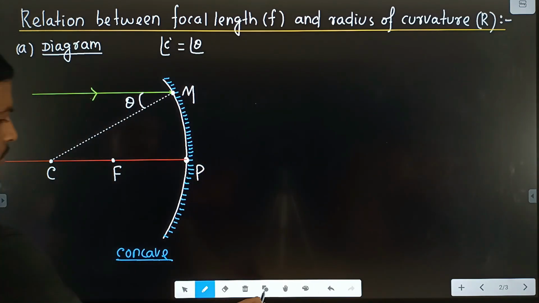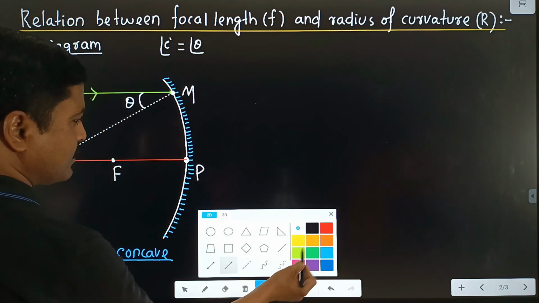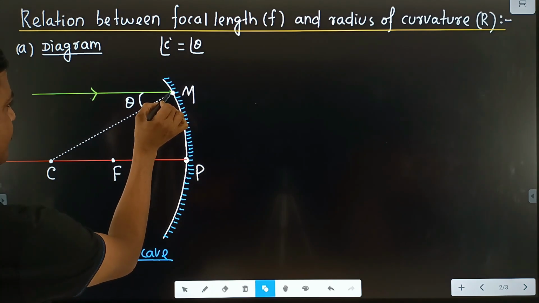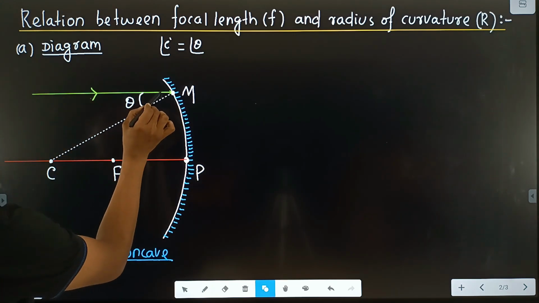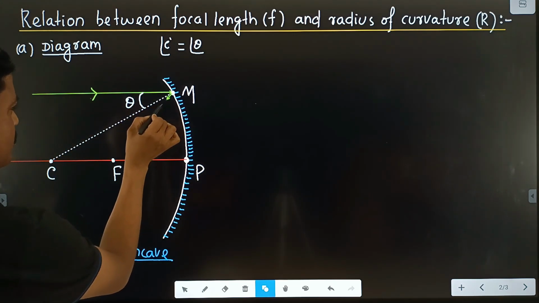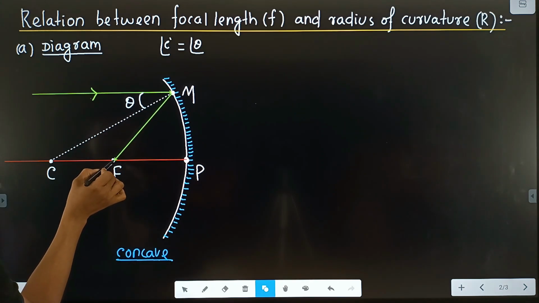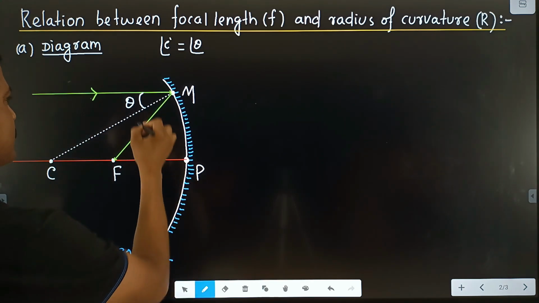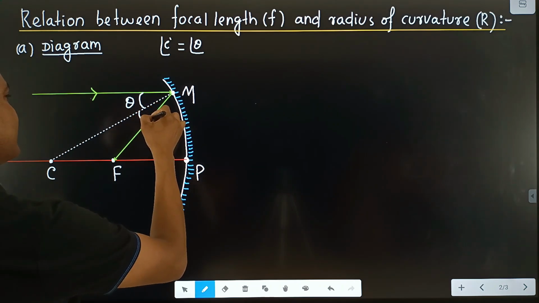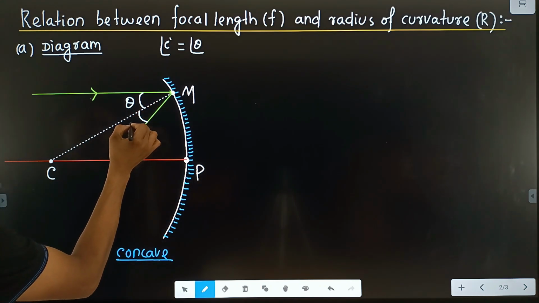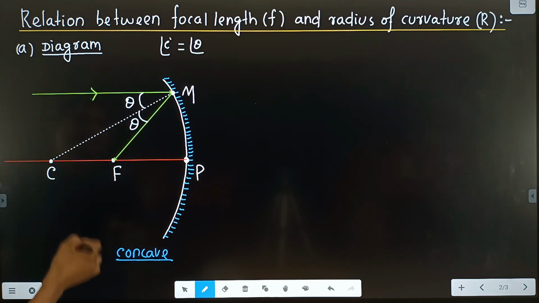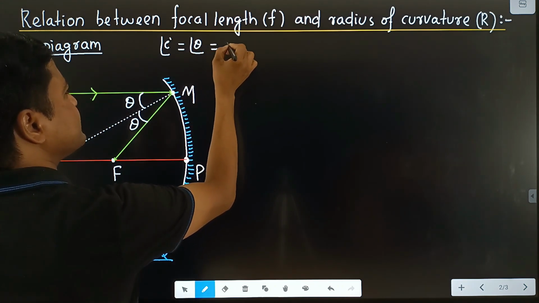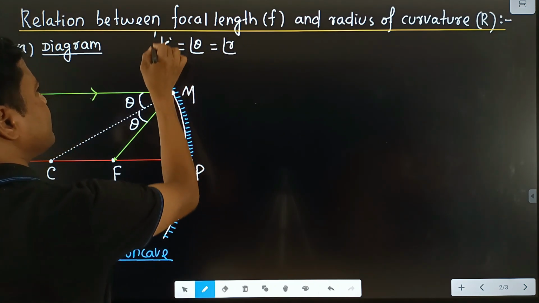Then the ray is returned back into the same medium with equal angle, and since the incident ray is parallel to the principal axis, the reflected ray must pass through the focus. Clear? Then this angle is the angle of reflection, and we also write theta, because you know the angle of incidence is equal to the angle of reflection.